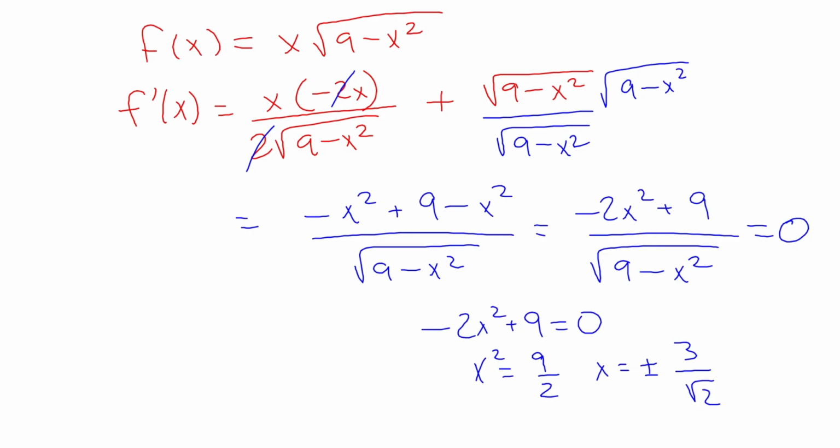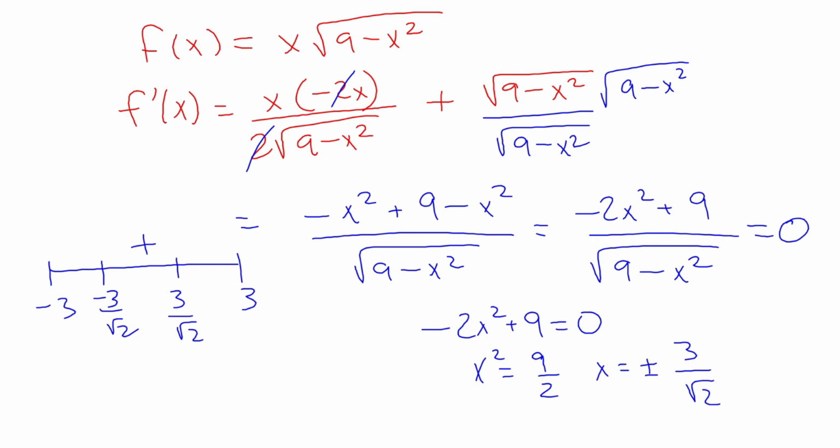Okay, so we got two different values here that we're going to put on our sign chart, and our sign chart is also going to include -3 and 3, and here's -3 over root 2, and here's +3 over root 2. And so if I put something in the middle into that, like 0, we're going to get a positive in the numerator, and the denominator is always going to be positive, right? So we're going to have positive there.